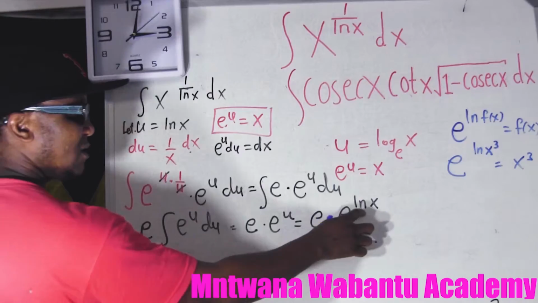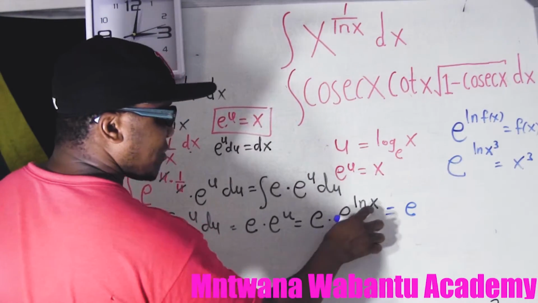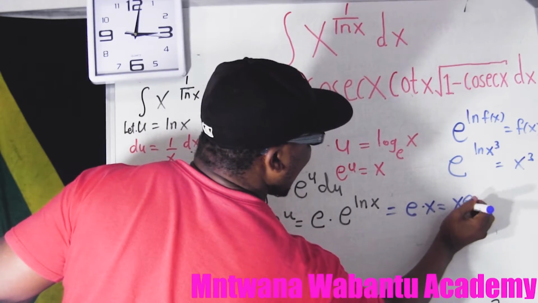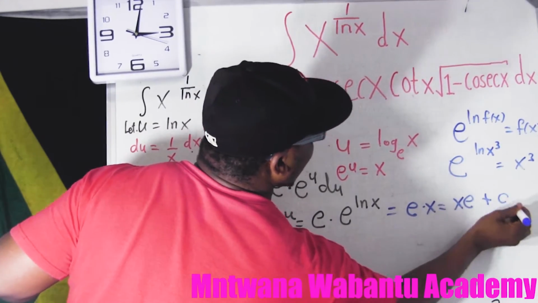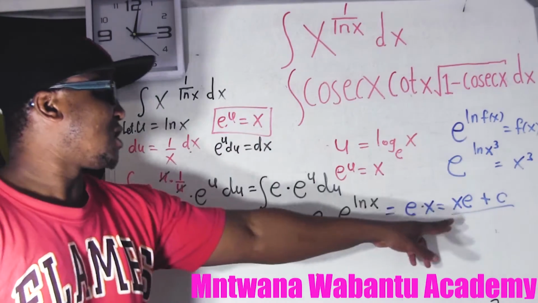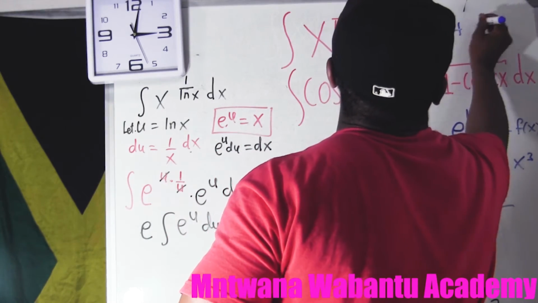So for this case, e power ln of x is just x. So it's going to be times x. But I'd rather say the integral equals x times e plus our constant c. So this equals xe plus c.